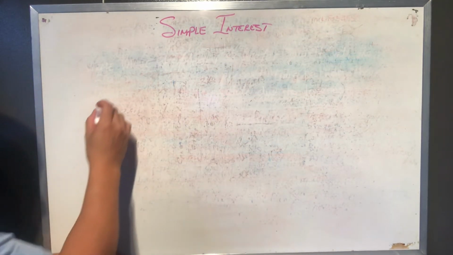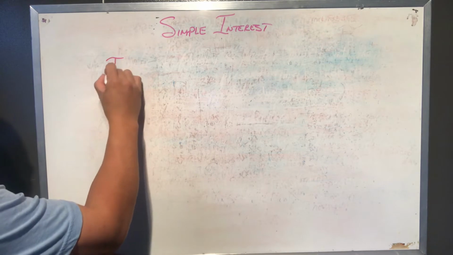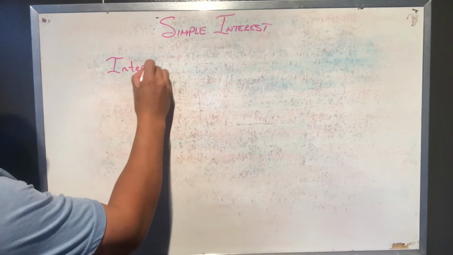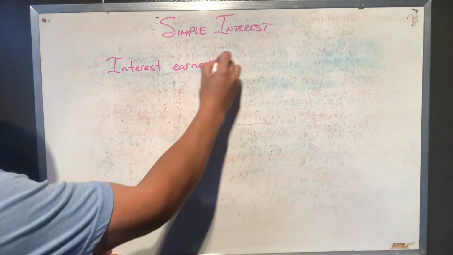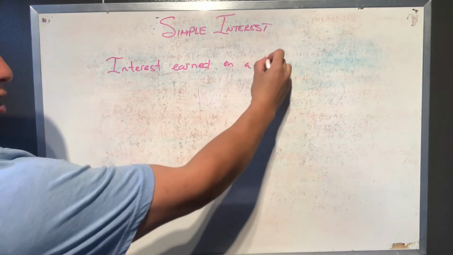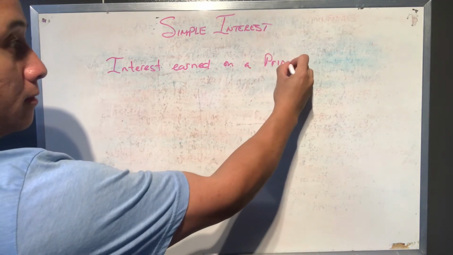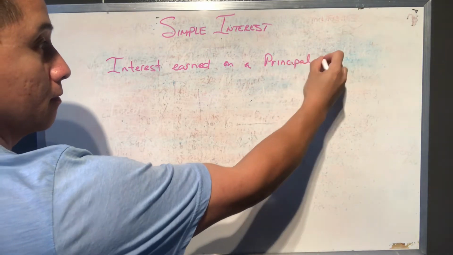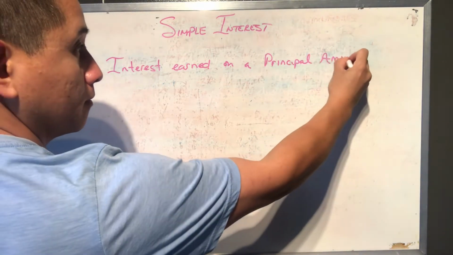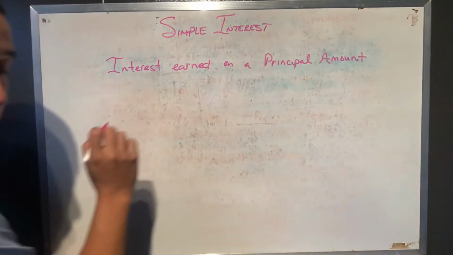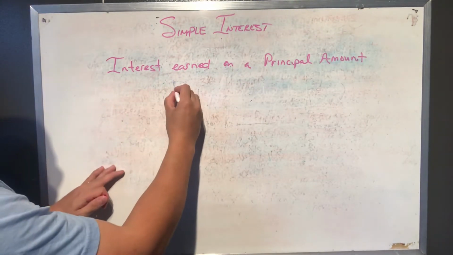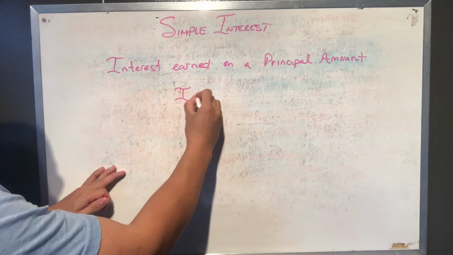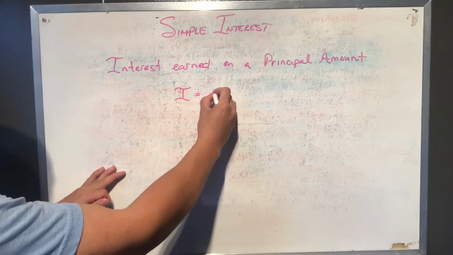Simple interest is basically interest earned on a principal amount. Now, here, interest can be calculated based upon the following equation.